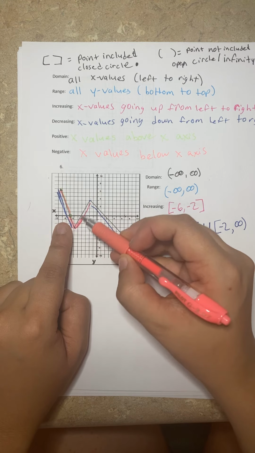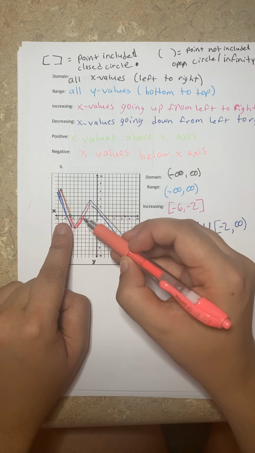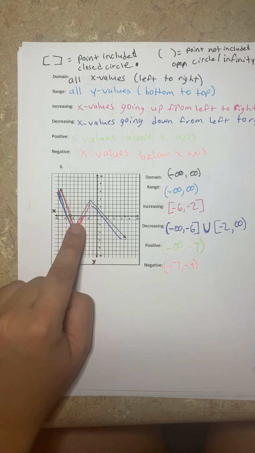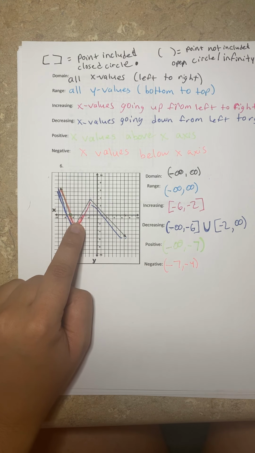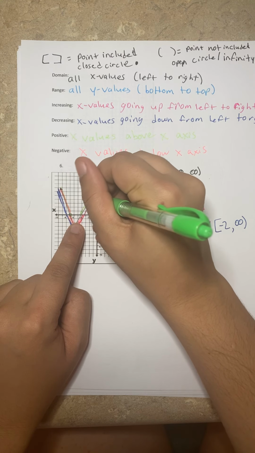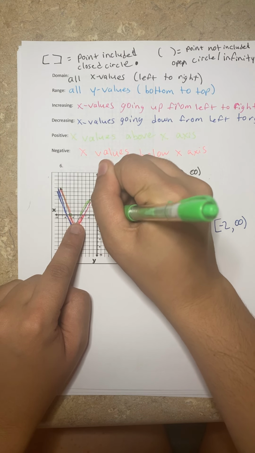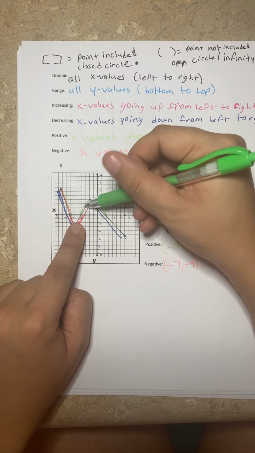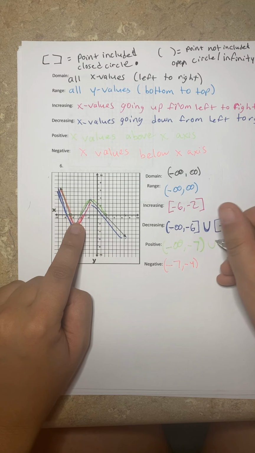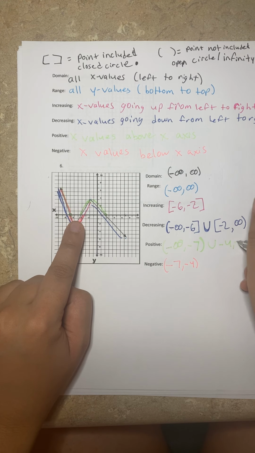That's one whole piece from -7 to -4 because it's still below the x-axis at that time. And again, I use parentheses for my negative. And then I'm positive again. So from -4 all the way up and then all the way back down until I hit right here at 2. From there to there, I'm positive. So that means that's going to be union -4 to 2.